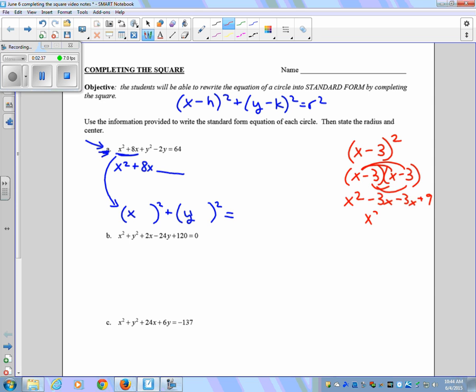So this is x squared minus 6x plus 9. This is a trinomial, 1, 2, 3 terms, that can be factored into this form, right? X minus 3, the quantity squared, equals x squared minus 6x plus 9. So if we went to factor it, we would be putting it back into this x minus 3, the quantity squared form.